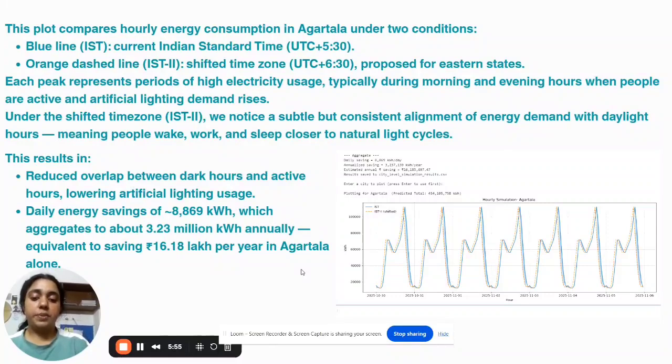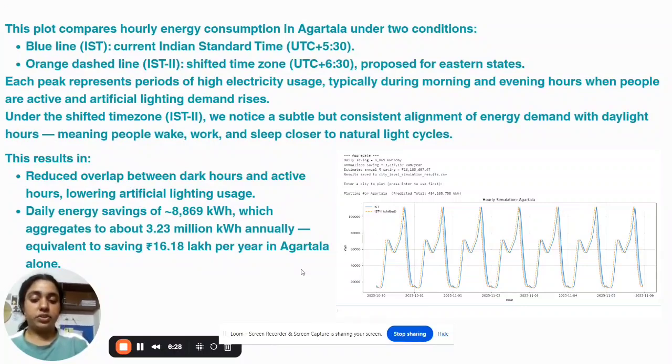Our project demonstrates that data driven intelligence can guide nuanced adaptive policymaking. Instead of rigidly dividing the country into multiple time zones or enforcing impractical work hour shifts, an AI augmented approach allows policymakers to simulate outcomes, quantify savings, and design region specific strategies rooted in evidence, not estimation.